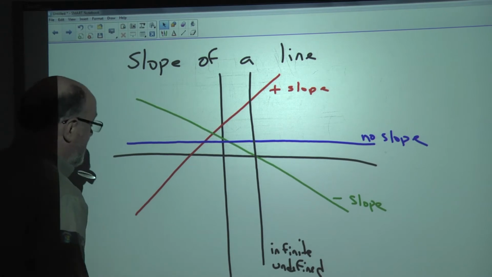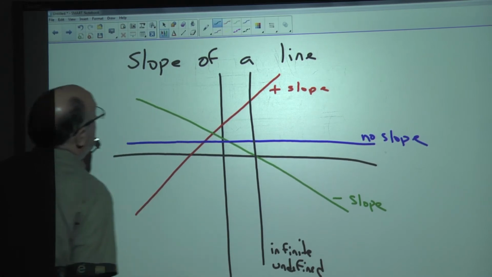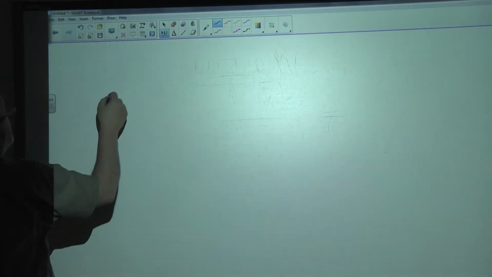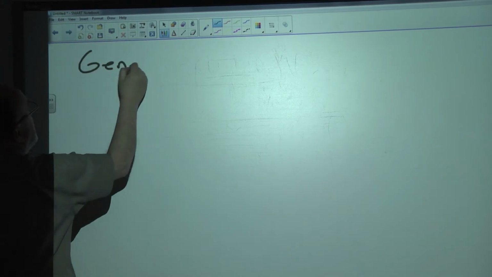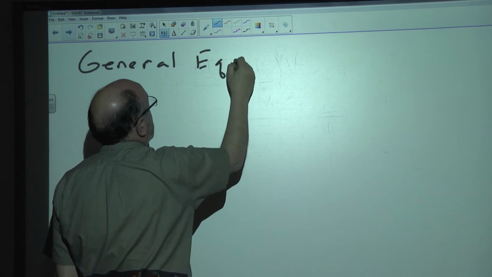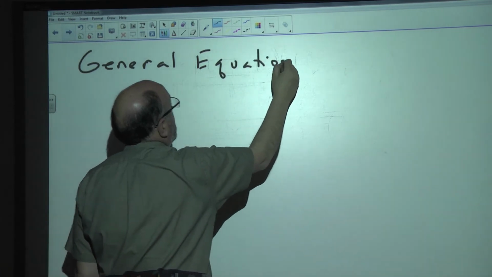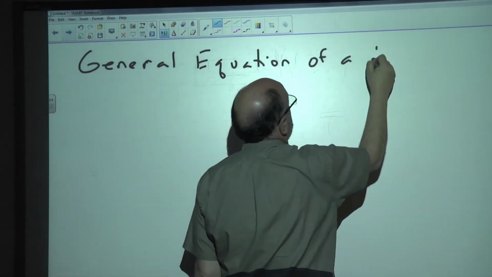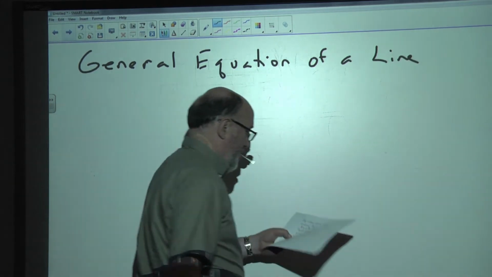Now then, in terms of a line, there are several ways we can write out the equation. The general equation of a line is in this form.